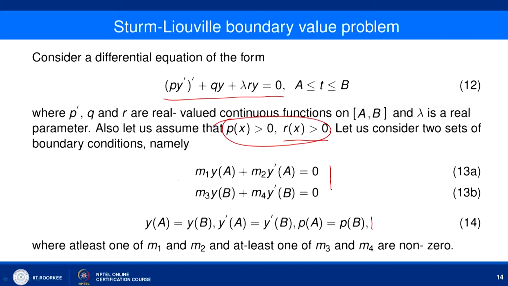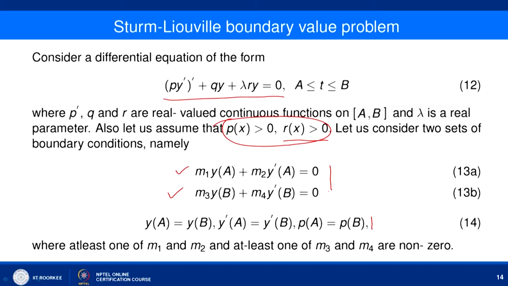Here one condition is given at the point x equal to a, and the other boundary condition is given at the point b. So we have m1 y(a) + m2 y'(a) = 0 and m3 y(b) + m4 y'(b) = 0. These kinds of boundary conditions are known as separated boundary conditions because they are separately defined at the points a and b.